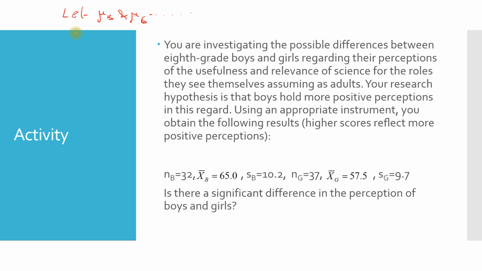Before we start doing any computation, we need to look at the sample size. Here, the sample sizes are both large, okay? And you clearly see that no sigma is given to you. These are based on samples. So if no sigma is given to you, they are based on samples.